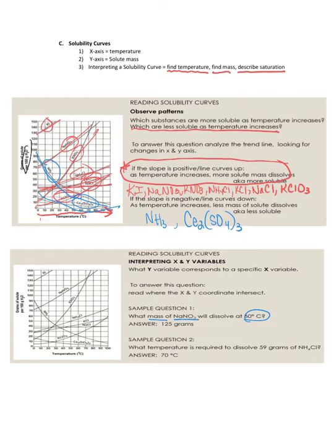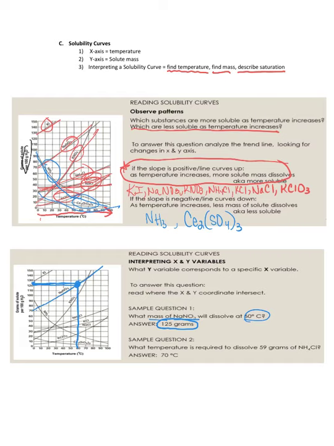So we're going to find sodium nitrate, which is right here, and we're looking where it intersects at 60 degrees. We go up here, 60 degrees, and it intersects right here. So we go across, and it intersects right there, which is 125 grams.